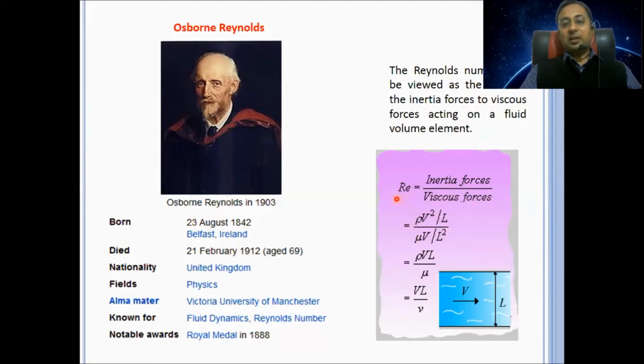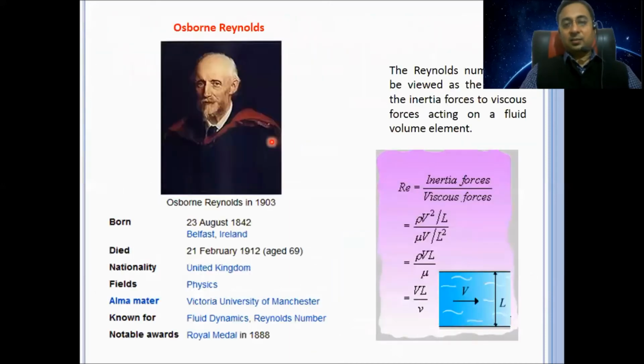Just remember that Reynolds number is equal to rho V L by mu. Rho is the density, V is the velocity, L is the characteristic length, and mu is the viscosity. If we consider mu by rho, then it is nu. Nu is the kinematic viscosity.